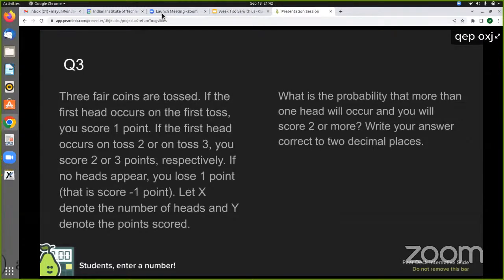So the chance of scoring 1: if the first head occurs in the first toss, the chance is one head and that is in the first toss.